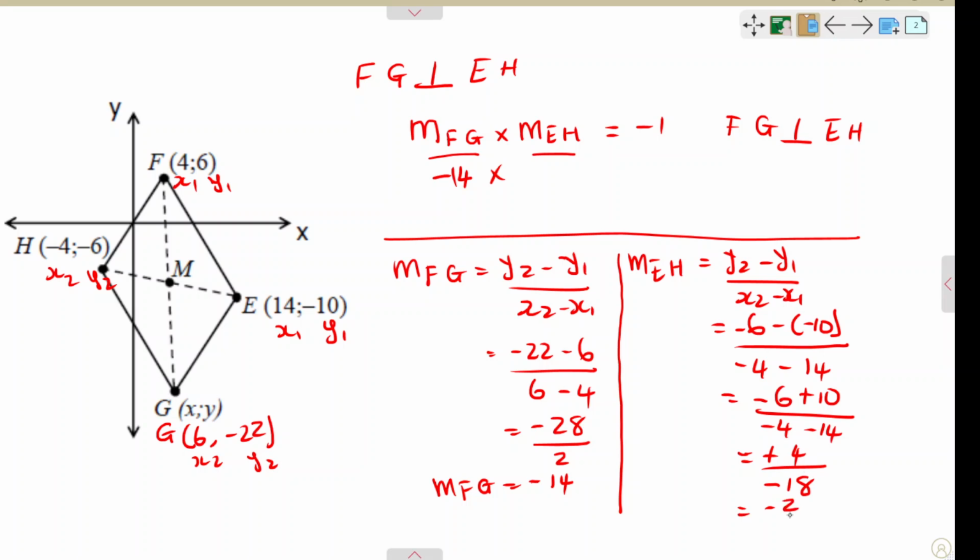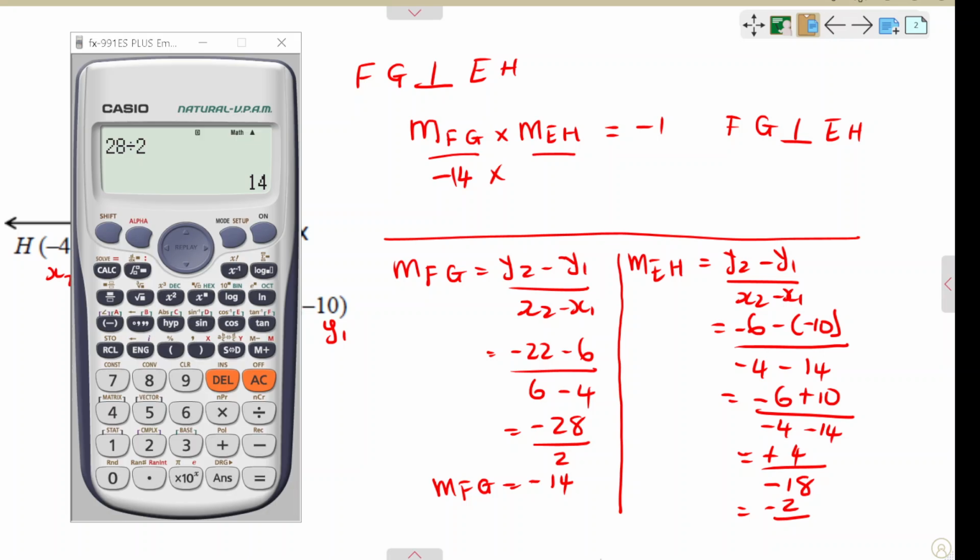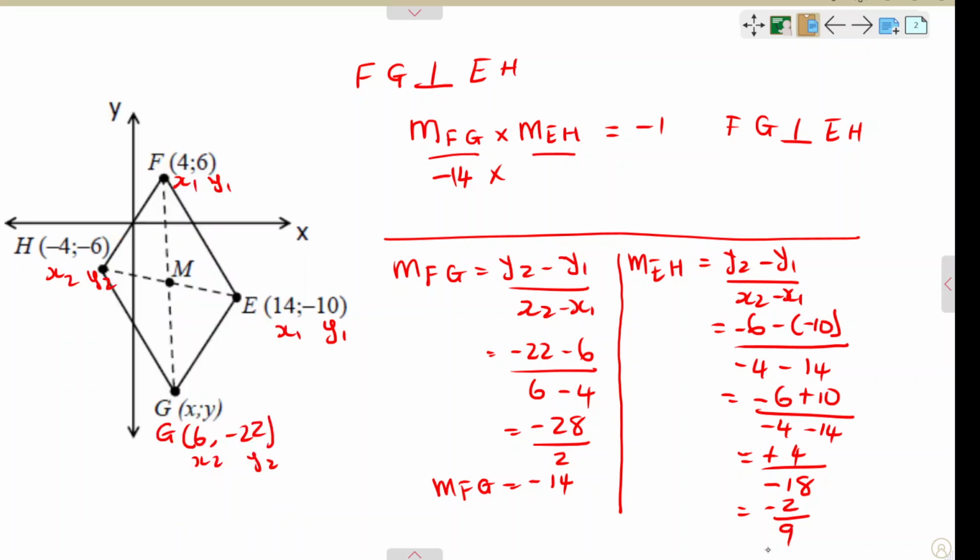It goes 2 times. How many times does 2 go into 18? Is it 6 or 7 or 8? Not sure. So let's say 18 divided by 2. Yeah, it's a 9. Forgot that one. So the gradient of the line EH is negative 2 over 9.